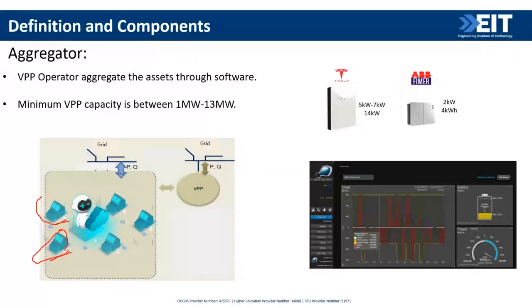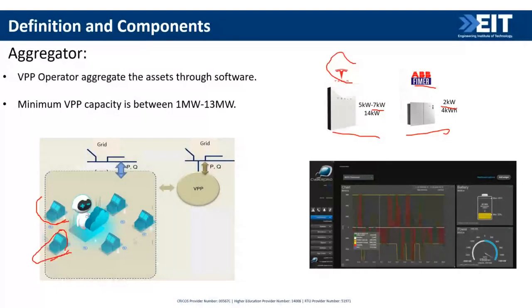As we can see in this figure, the capacity of the battery installed in the house for a solar system is not more than 10 kilowatts. Here, you can see the capacity of two home batteries. One is from Tesla, which is up to 7 kilowatts, and another one from ABB, which is up to 2 kilowatts.